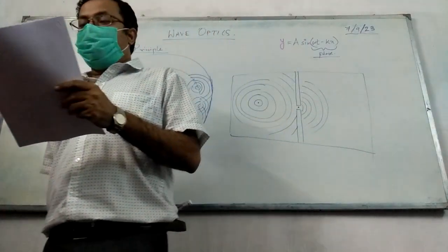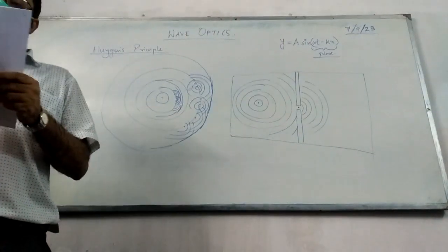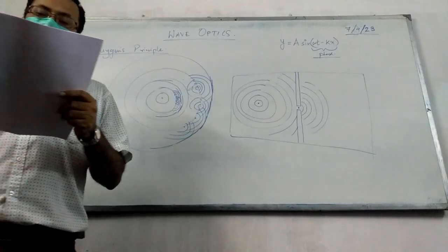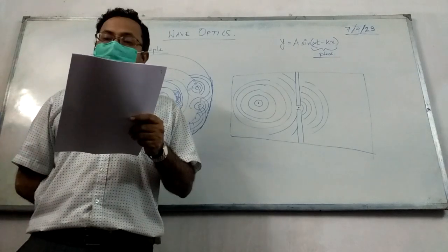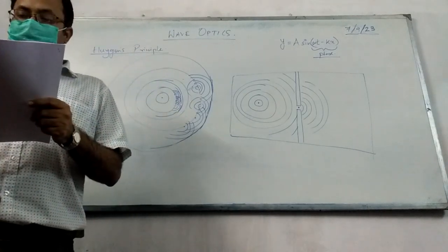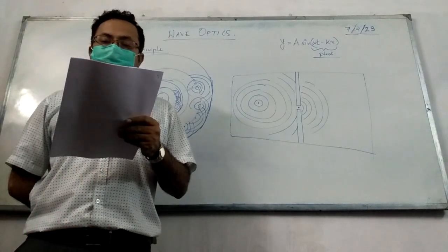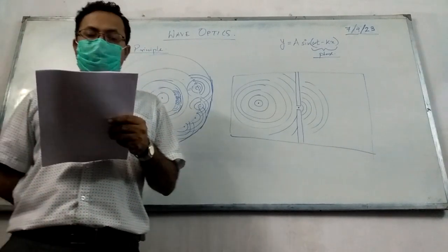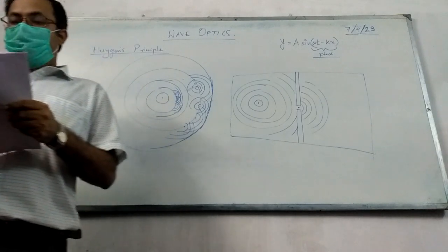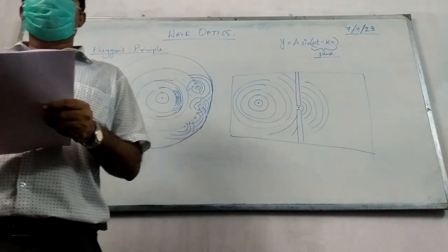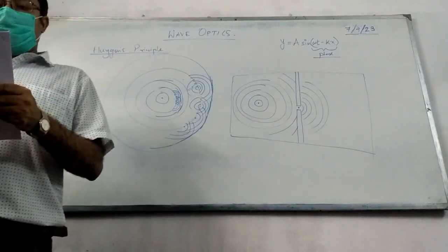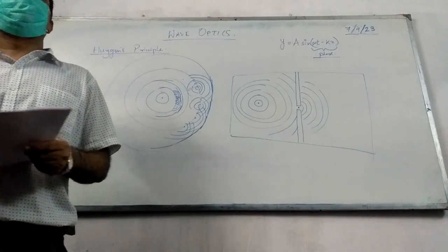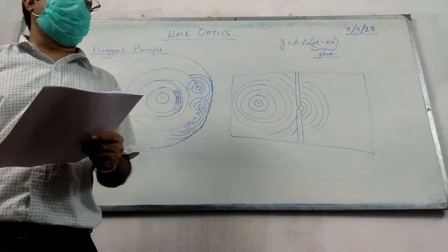Every point on a primary wavefront acts as a source of secondary wavelets. The secondary wavelet, so what is a wavelet? A wavelet is the smaller wavefront.